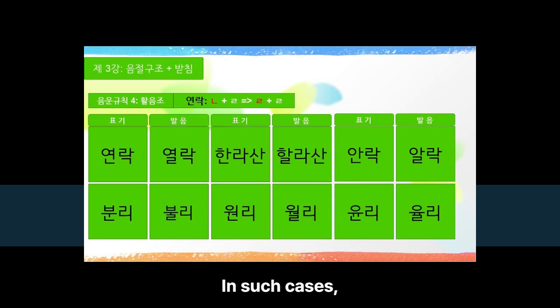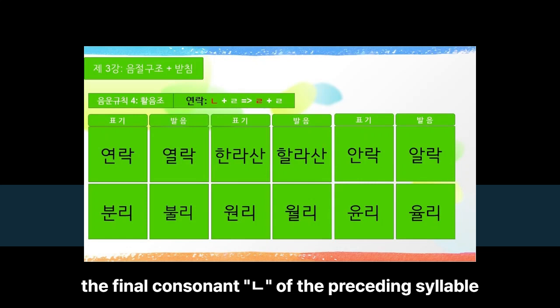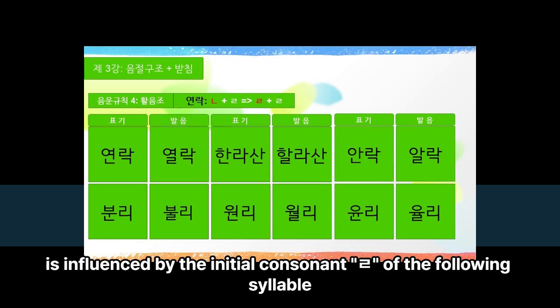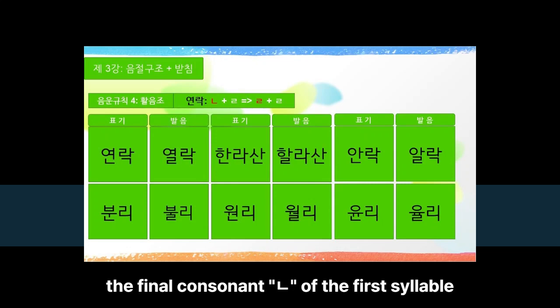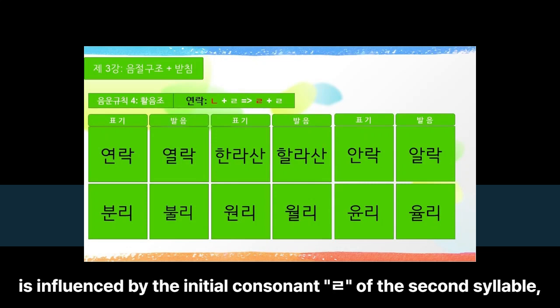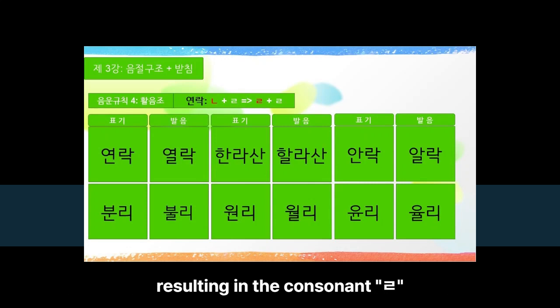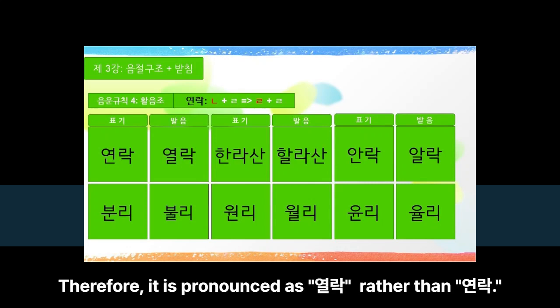In such cases, the final consonant nieun of the preceding syllable is influenced by the initial consonant rieul of the following syllable, and changes to the consonant rieul. In the case of the word yeollak, the final consonant nieun of the first syllable is influenced by the initial consonant rieul of the second syllable, resulting in the consonant rieul. Therefore, it is pronounced as yeollak rather than yenrak.